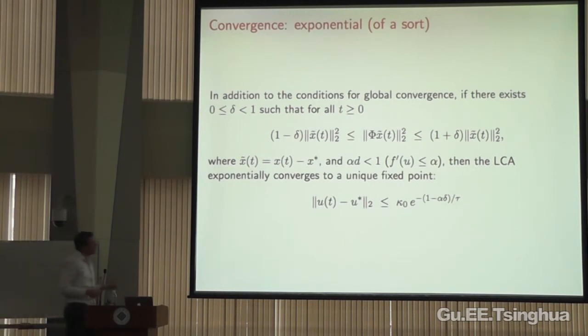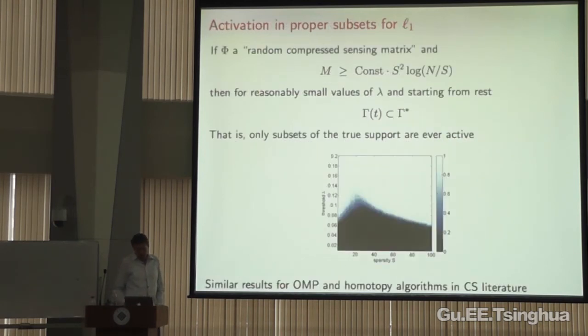Okay, so say I'm trying to recover a sparse vector. Can I guarantee that not too many coefficients become active at any one time? That would mean that, if I had this sparse RIP, I could say something about the convergence. And so you can say something. This is a weak result.